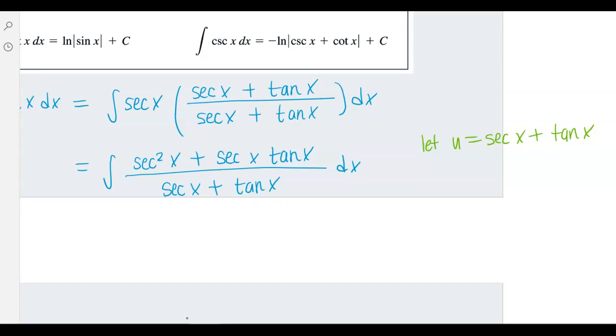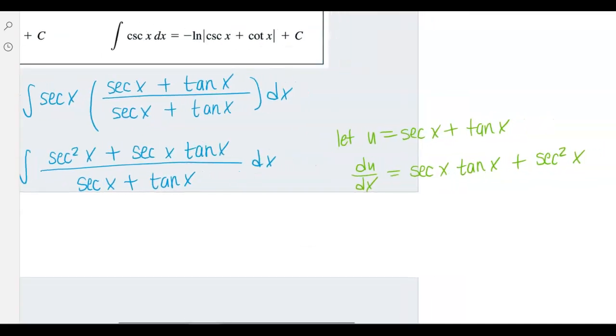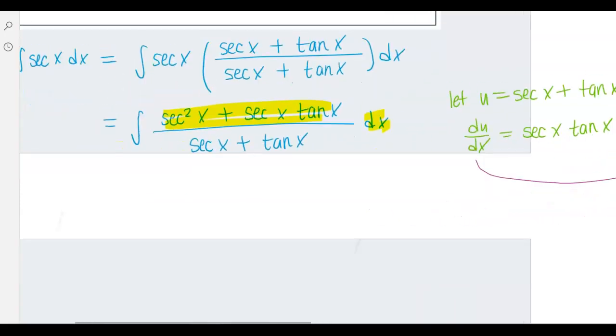When I take the derivative of that, du dx, the derivative of secant is secant times tangent, and then the derivative of tangent is secant squared. So looking at the numerator, they're written in the reverse order, but I can see that this, with this, if I took the dx and put it over here, that numerator and the dx on the other side, that's equal to du. That's pretty convenient, right?